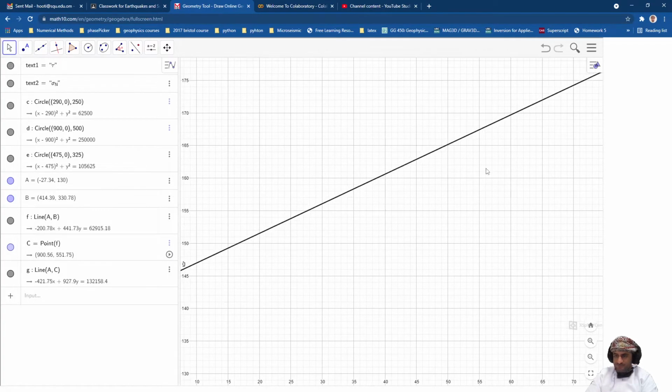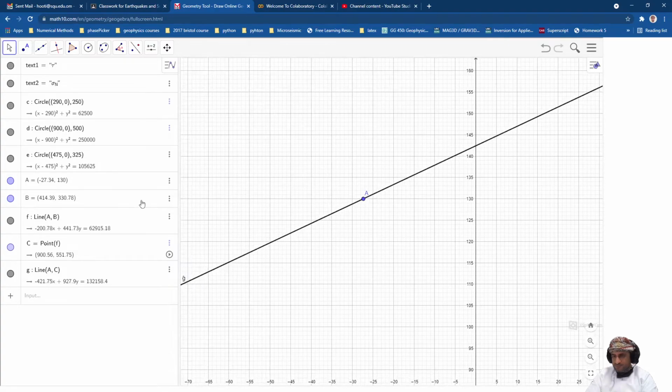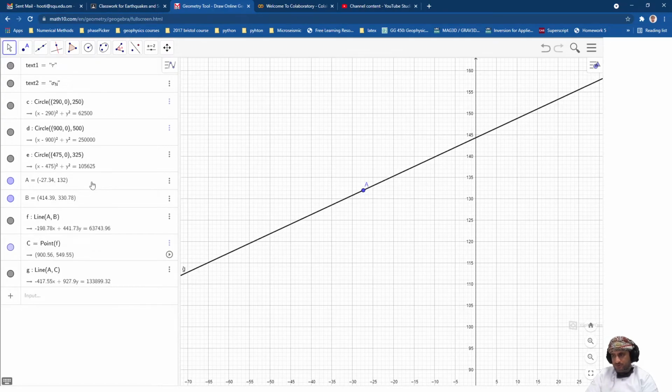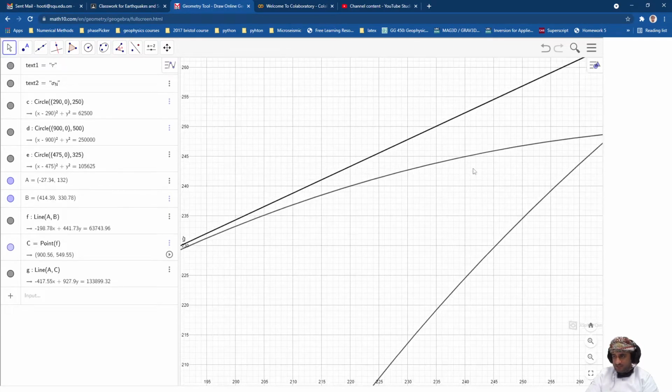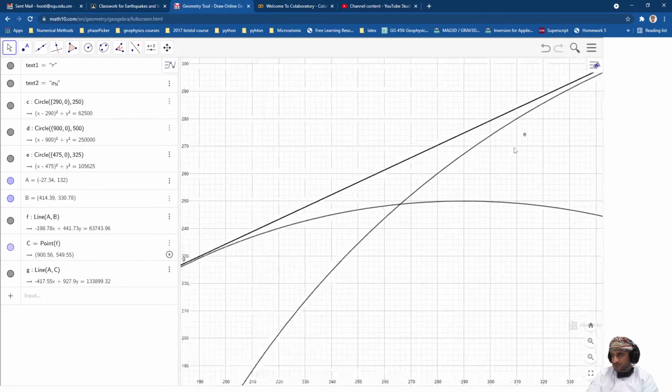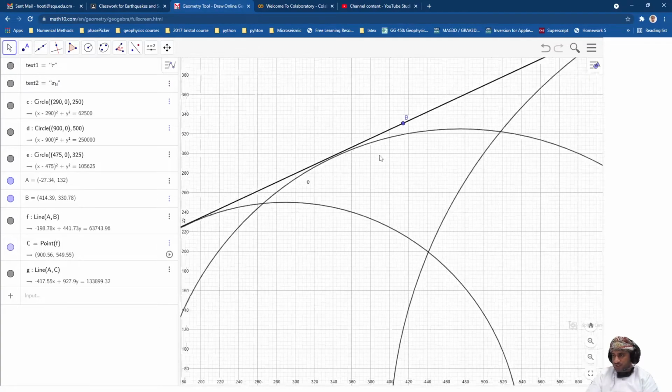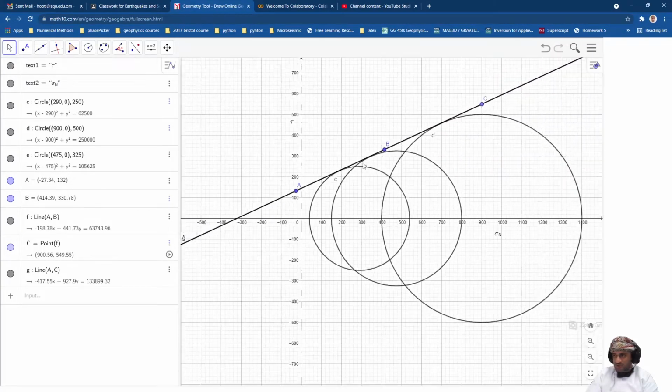Too much. 0, 2, probably. It won't be very perfect, but we try our best. Maybe you can come up with a better idea how to draw this line.